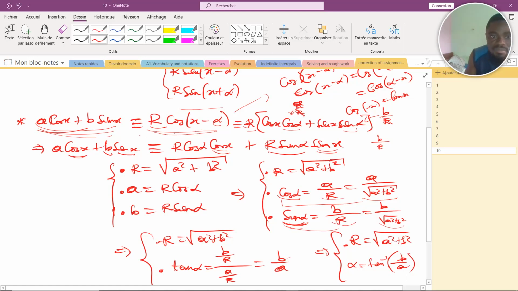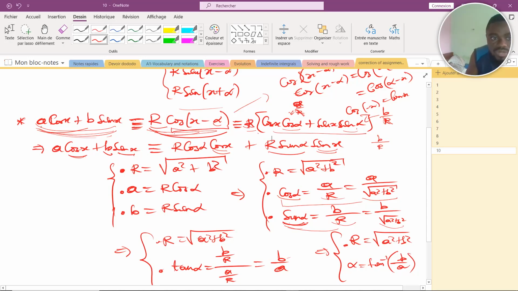If my aim is to convert an expression of this form into this form, what I first write is A cos X plus B sin X must be identical to what I want to convert it to. I'll develop this one. I'll have my R outside, and this will give me this.